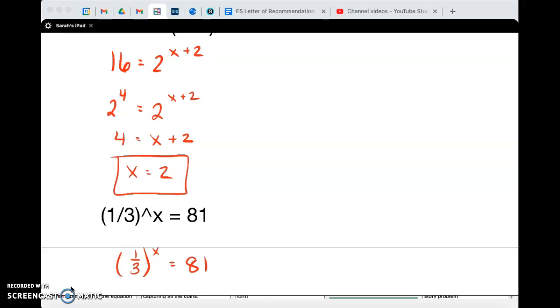How could I rewrite 81 as an exponential expression? Okay, so 81 is equal to 9 squared. How else could I write 81? Yeah, it's also 3 to the 4th. I'd probably use 3 to the 4th because that's closer to a third.